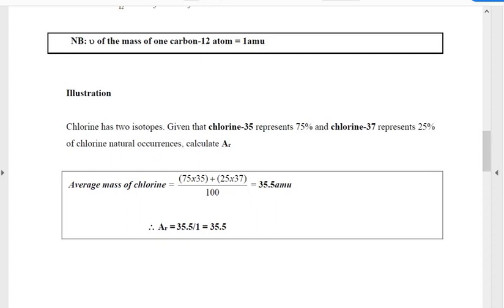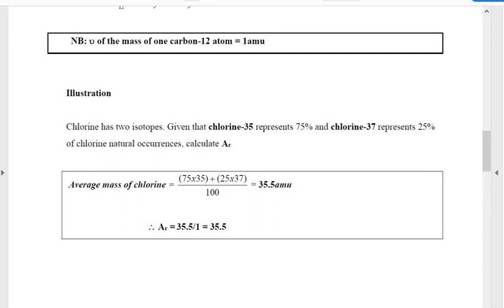So when you want to find the atomic mass, because when we say isotopes, we are talking about naturally occurring isotopes of chlorine in the environment, in nature. If you were to take a sample of 100 chlorine atoms, you would find that most likely 75 of them would have a mass of 35, whereas the other 25 would have a mass of 37.